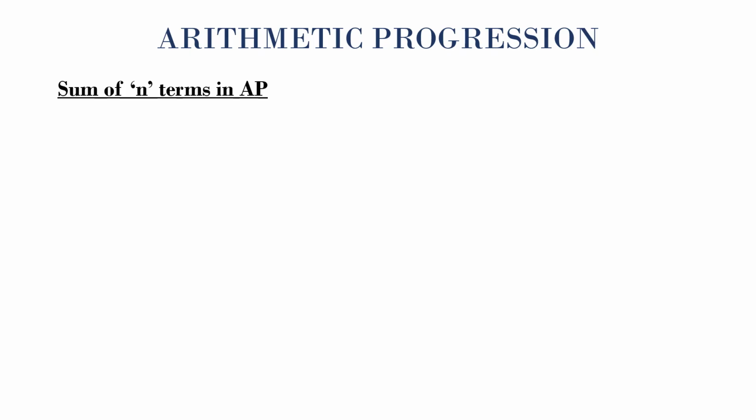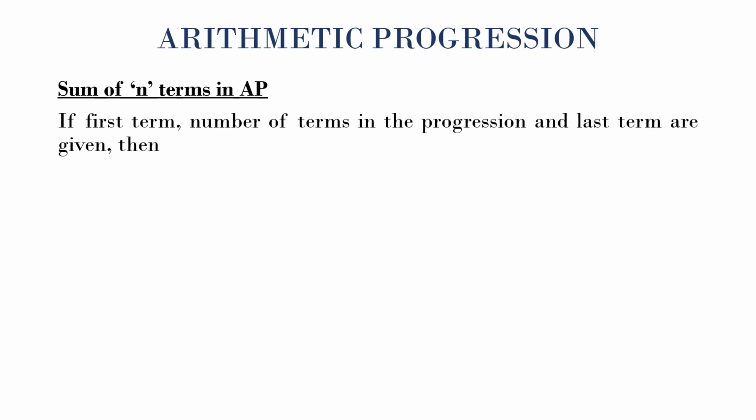Now the same expression for sum of n terms in AP may be represented in another way, provided the first term, last term and number of terms in an arithmetic progression are known.